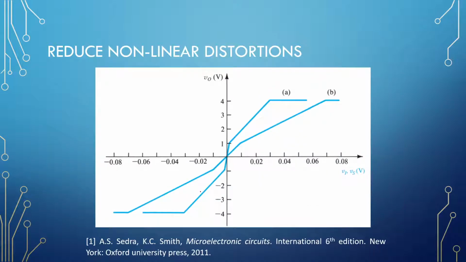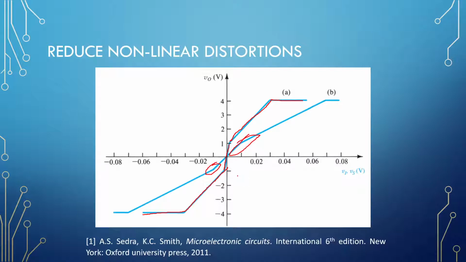The second one is if you are cascading a bunch of amplifiers. So A here is two amplifiers that are added together. One of the amplifiers has a very large gain. The second amplifier doesn't have such a large gain, but it has a better output here. By applying the feedback, note that these two lines are almost 100% in line.